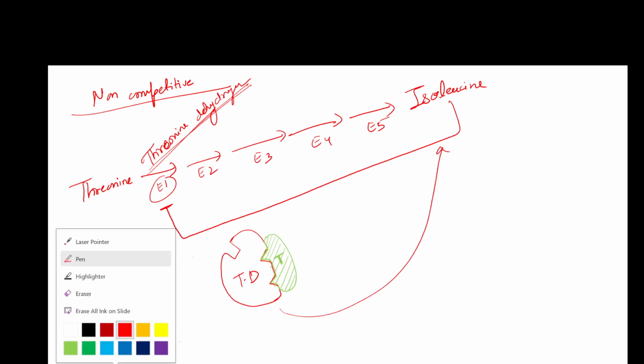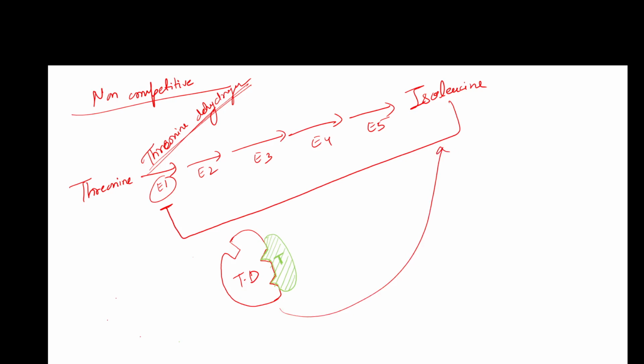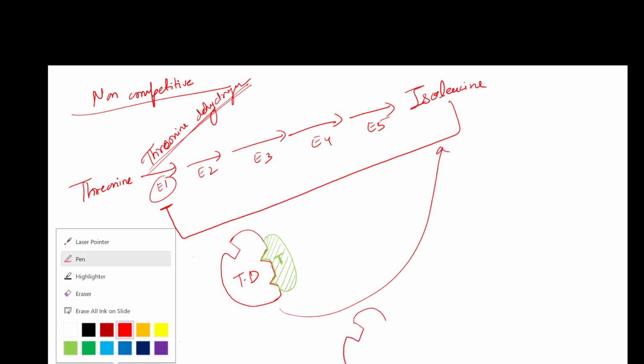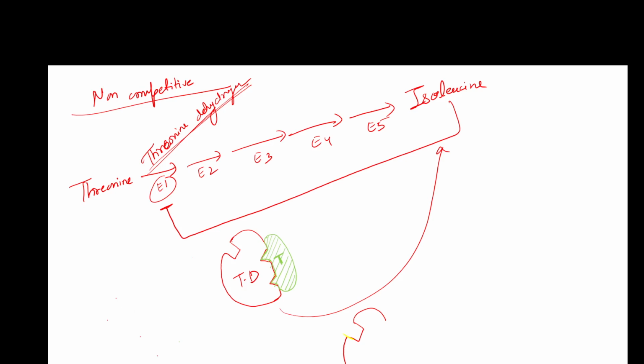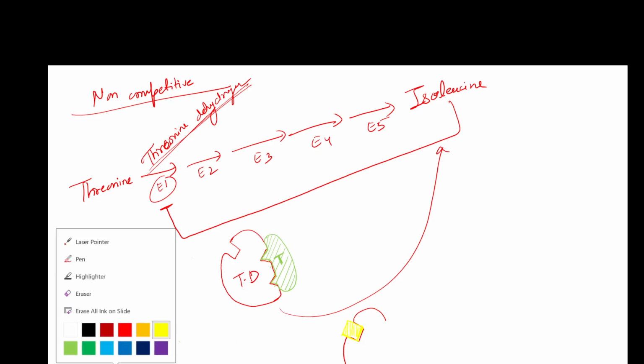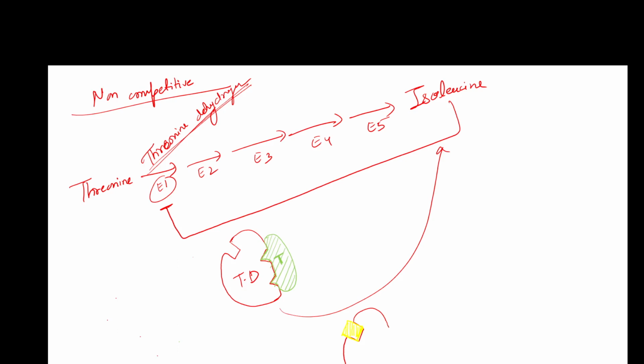Now, what happens when we have the inhibitor, which is isoleucine? When formed enough, it binds to the allosteric site and causes conformational changes.